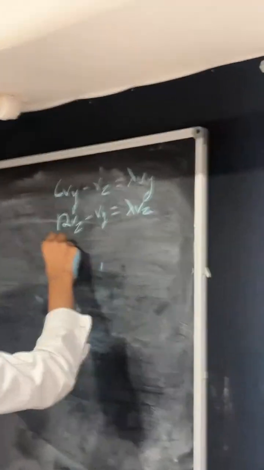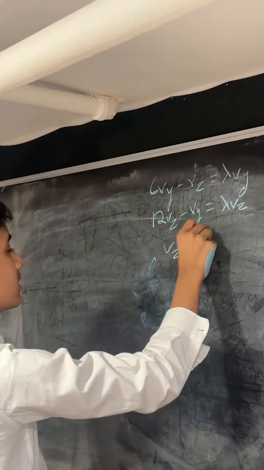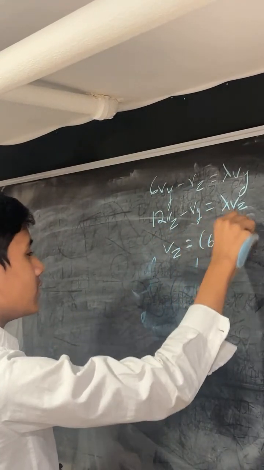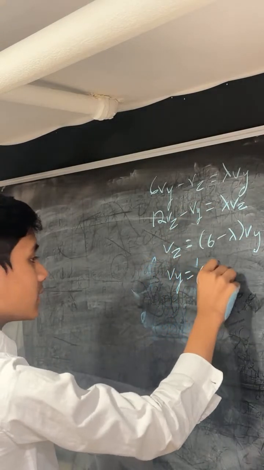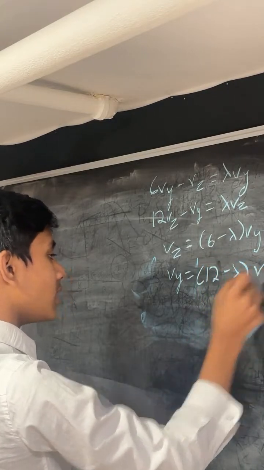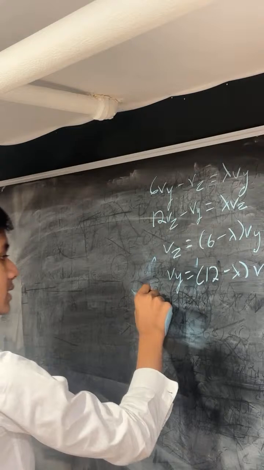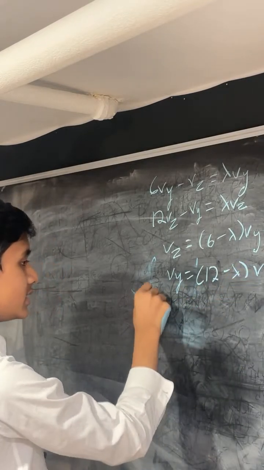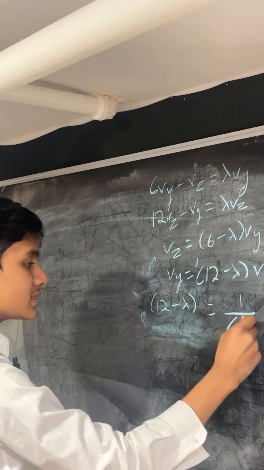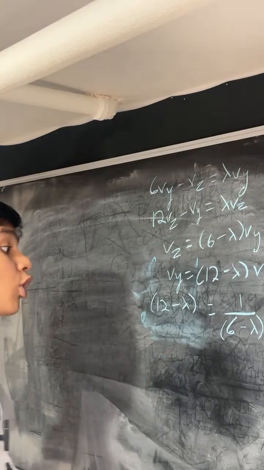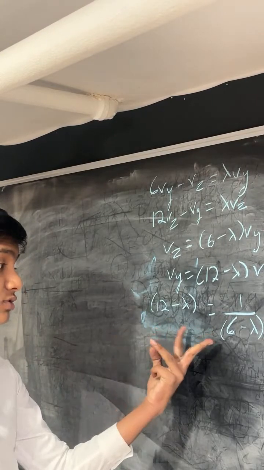But doesn't that proclaim only one solution? So that implies vz has to be equal to 6 minus lambda vy, and then vy has to be equal to 12 minus lambda vz, which implies there can only be one solution, because by necessity vy over vz has to be 12 minus lambda, which is equal to 1 over 6 minus lambda, which means that, oh, but there were two possibilities for this to work.